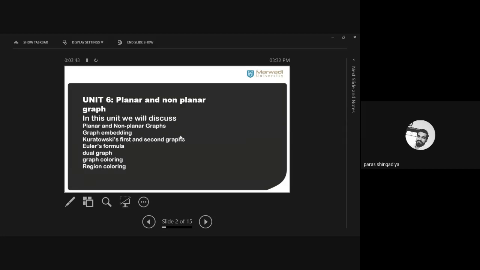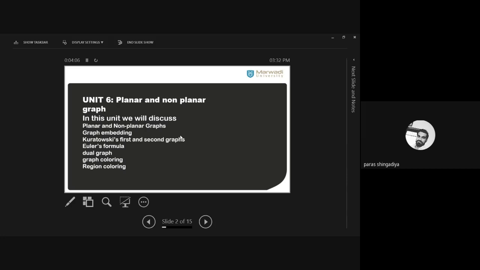So how many minimum colors are required to fill this map? Clear? Where no two adjacent regions should have the same color. For example, Gujarat and Maharashtra are adjacent states. Clear? So they should not have the same color. And then we apply these conditions to all such adjacent states. So how many colors are required to fill this map?